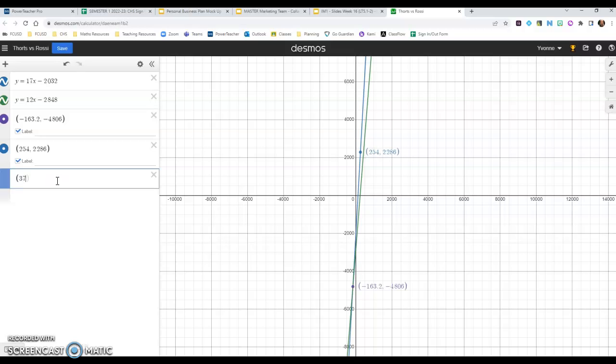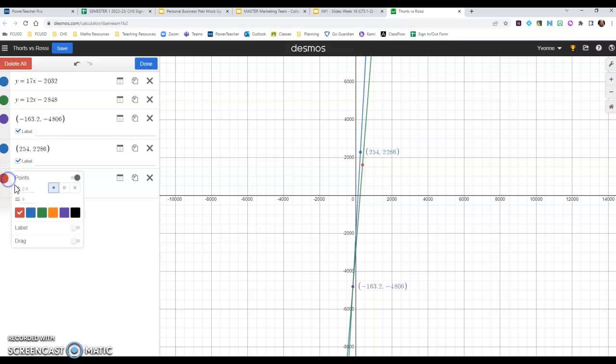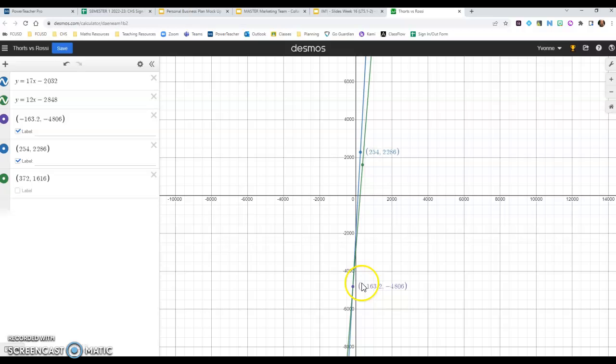So he originally bought 372 shirts, but he only made $1,616 profit. I'm going to change that also to be the same color as his line. Okay, so intersection point. Oh, I need a label. Perfecto. Okay, next step.